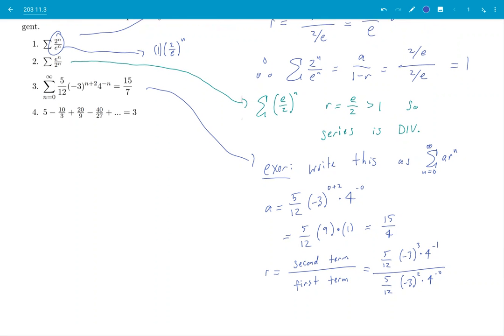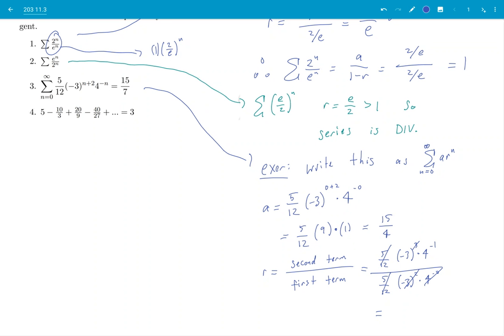So I simplify that. What do I get? Cancel, cancel. This is just 1. So what do I survive with? Negative 3 over 4.